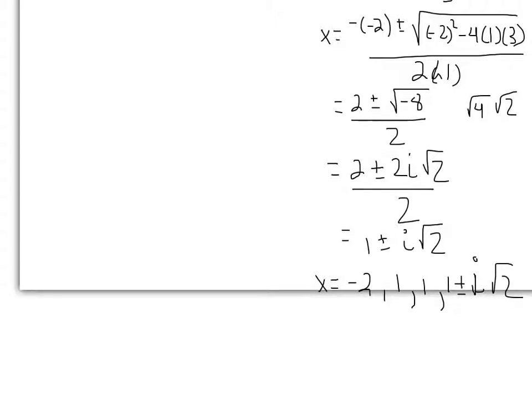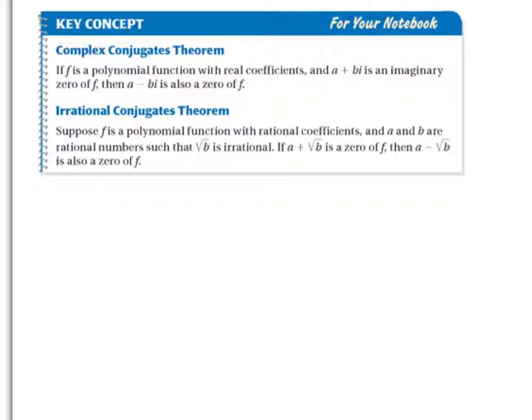Okay? Complex conjugates. If f is a polynomial function whose coefficients are real, and a plus bi is an imaginary zero of f, then a minus bi is also a zero. So if I told you that something had a zero of negative 3i, it also has a zero of positive 3i.